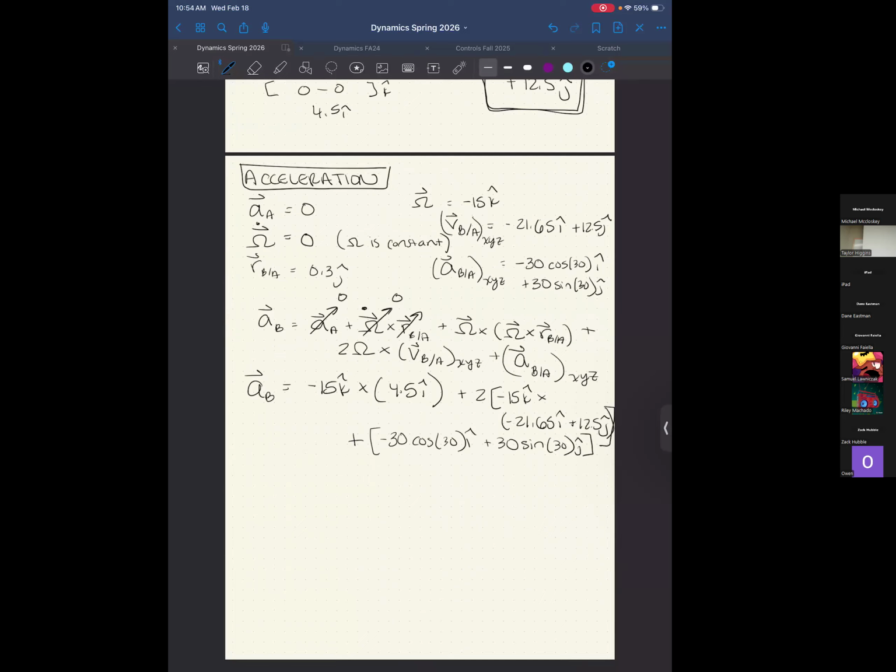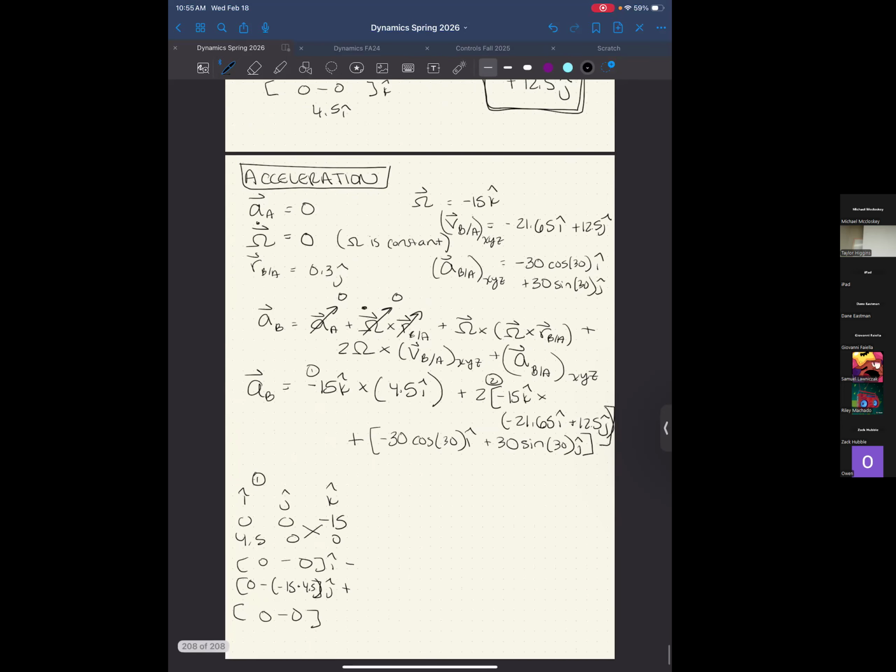Okay. All right, only two cross products, but one of them is gross. Minus 67.5 J. Is that right or no?